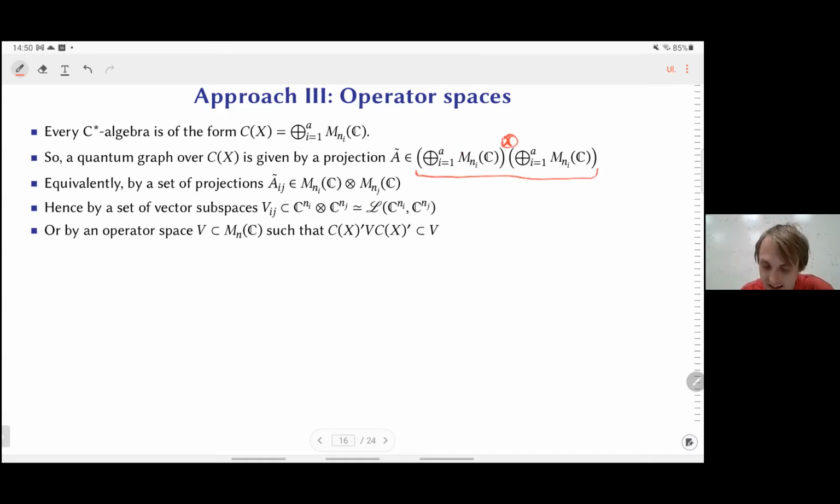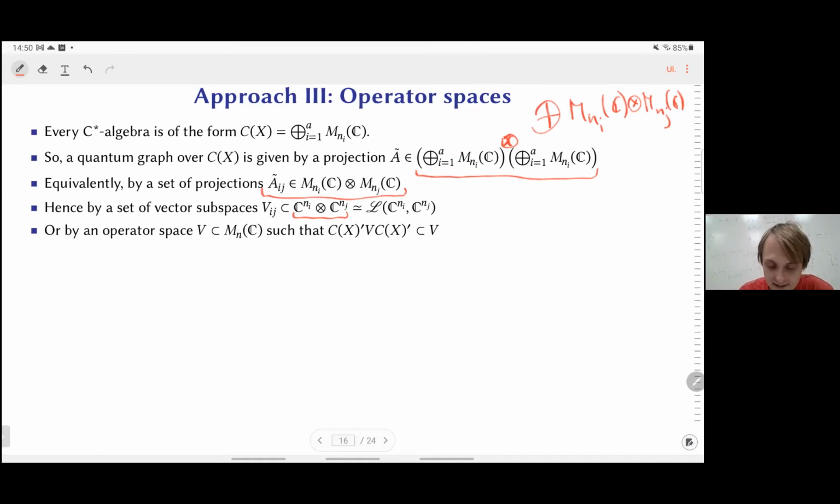So equivalently, you can rewrite this as a direct sum of M_{n_i} C tensor M_{n_j} C, right? So the projection is given by a set of projections here. And the projection here is just given by a vector subspace in this vector space.